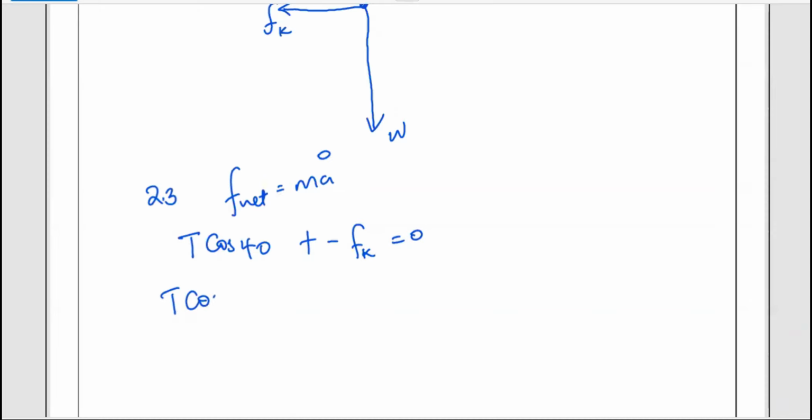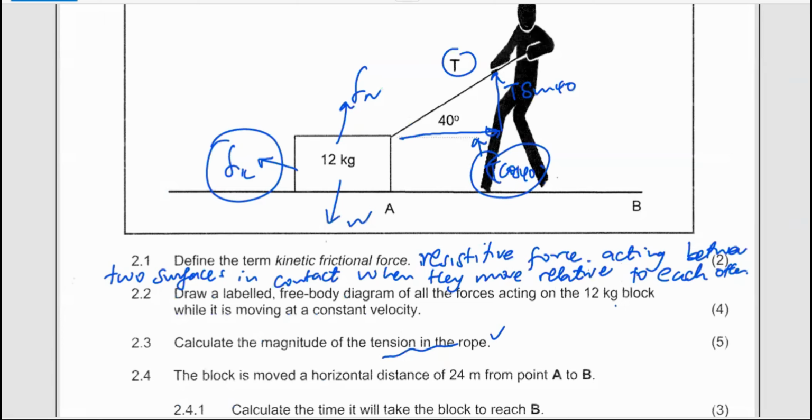So T cos of 40, we know that frictional force will be given as mu multiplied by the normal reaction, so that is mu K multiplied by N. But our normal force is going to be affected because it has the T sine included. So we get the weight, and then we subtract T sine of 40.